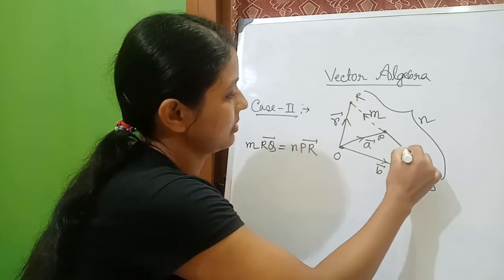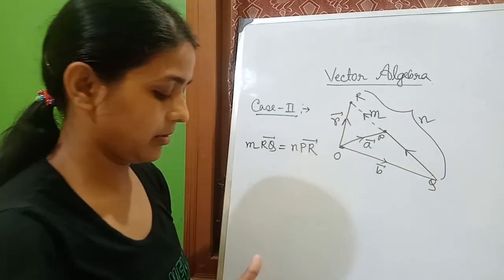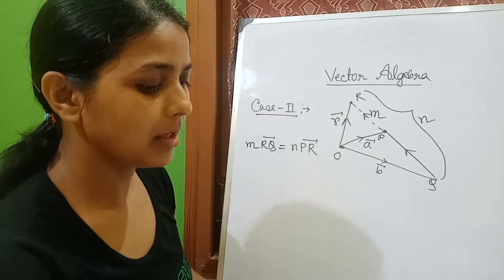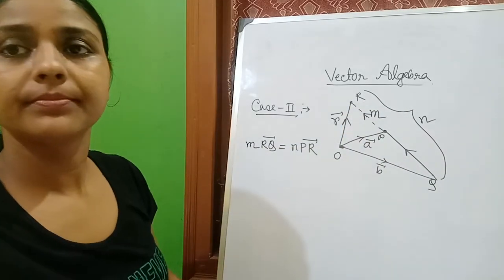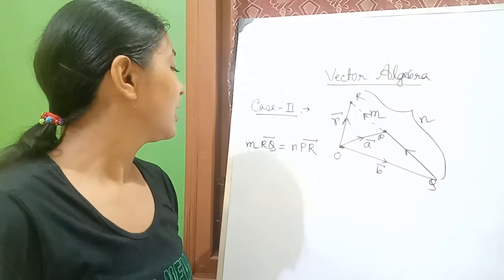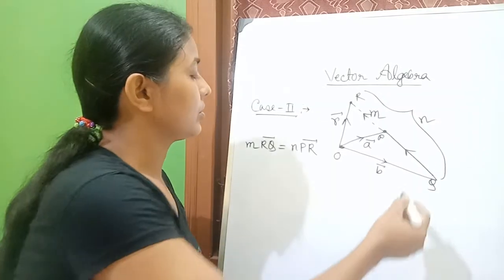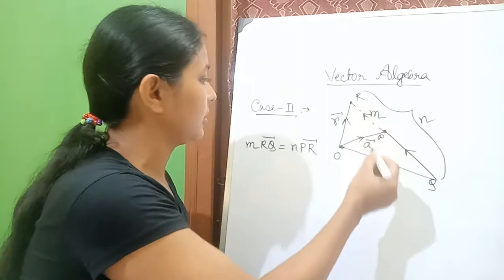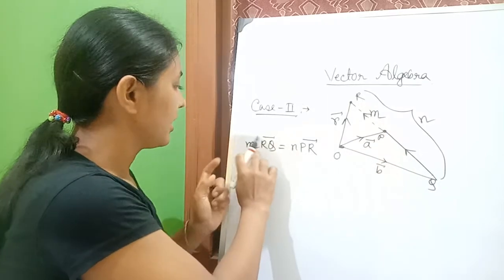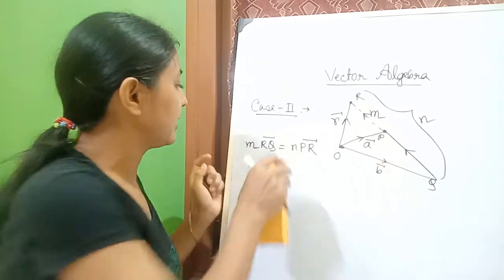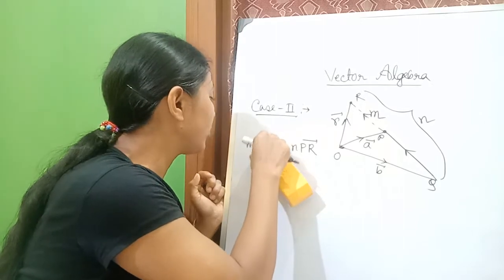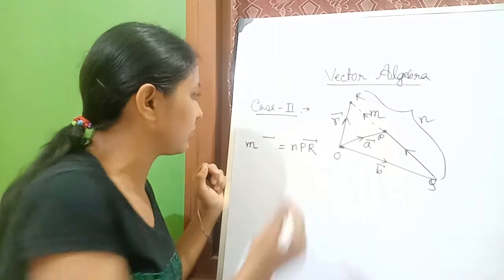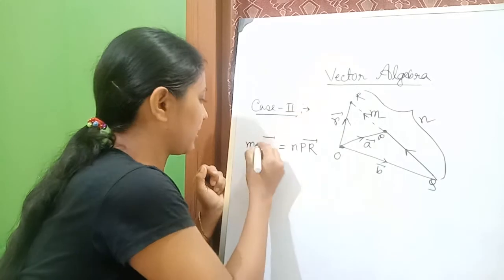This way. Right? Oh, sorry. Then this will be a little bit change. It will be QR vector, not RQ. It will be QR vector.